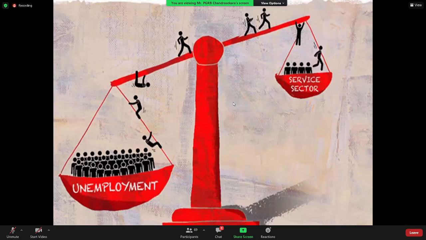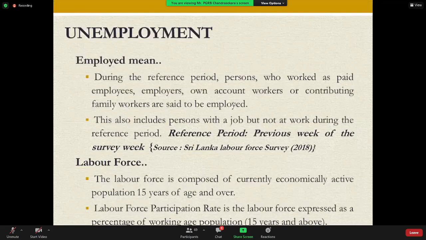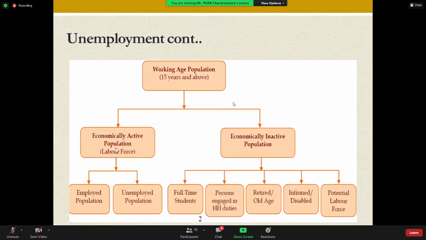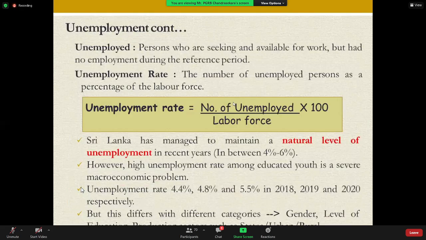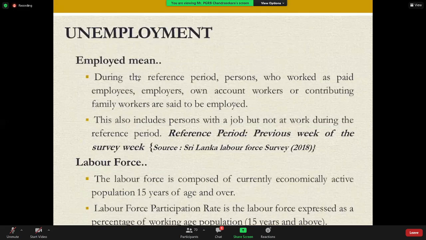Unemployment means... before talking about unemployment, we need to identify certain concepts such as employee, labor force, economically active population, unemployed, likewise. We'll come to identify what employed means.